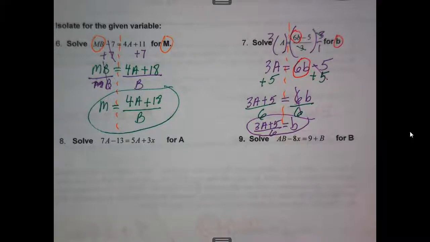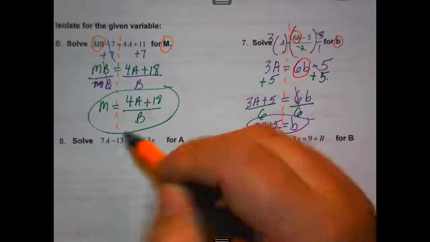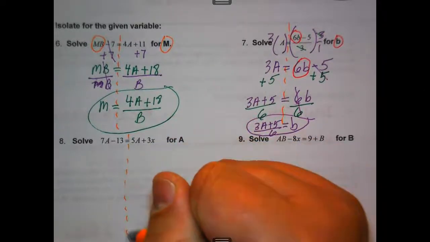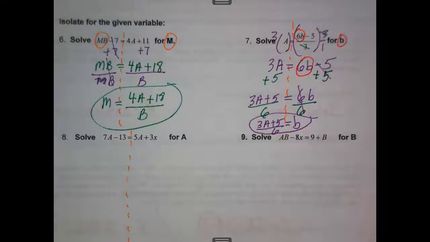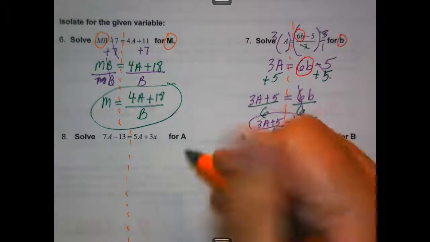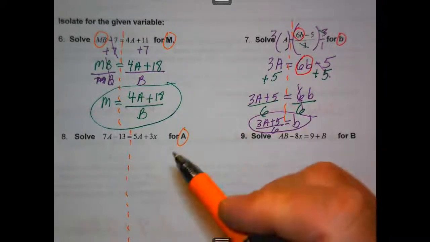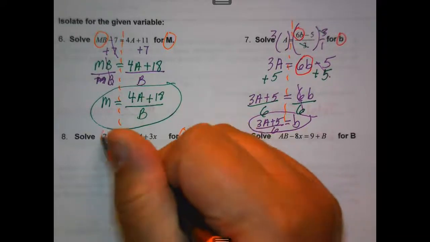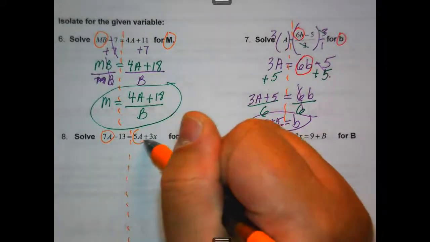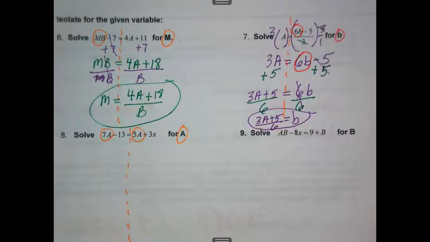Number 8 started even more problems. Now, this is nothing more than having variables on both sides of the equation. We want to solve for the a. If I have them on both sides of the equation, first thing I want to do is get them on one side, move it over.